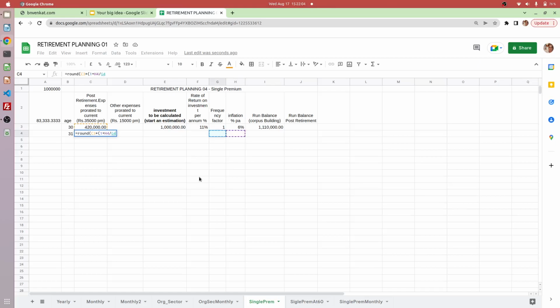Divided by factor, comma, 2 places. Now the division 0, we have not filled up, let us fill it up. Here the current year investment becomes 0 because we are having a single premium. This is equal to the previous figure itself. Similarly, the return is equal to the previous year. The frequency factor is also equal to the previous year. Inflation percent is also equal to the previous year.